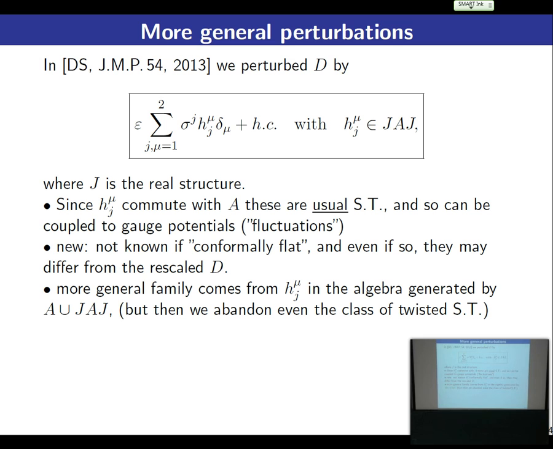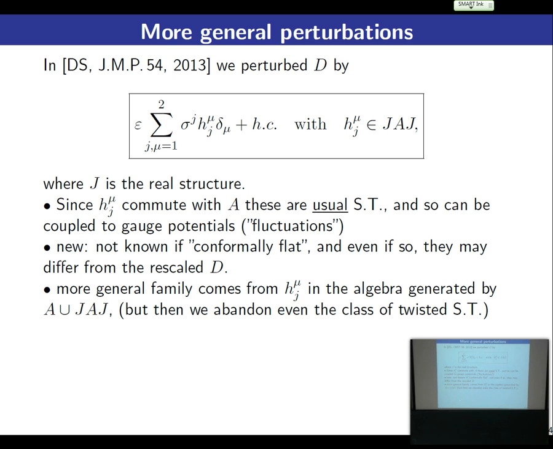There are more general families. For instance, we could also take this perturbation piece from the algebra generated by the algebra and the J itself. But then we are no longer in the class of usual spectral triples. We are not even in the class of twisted-by-some-automorphism spectral triples.